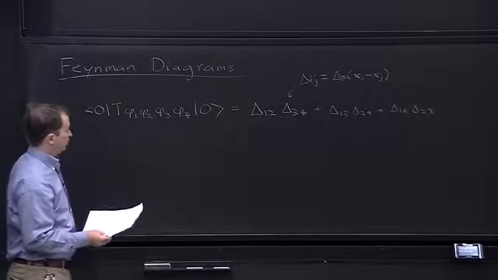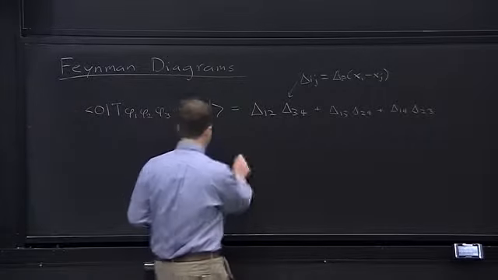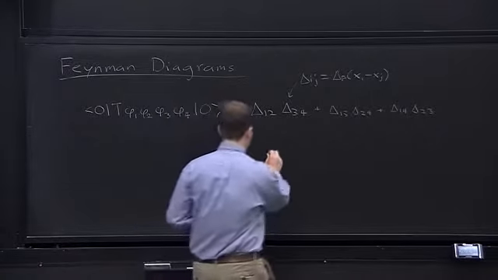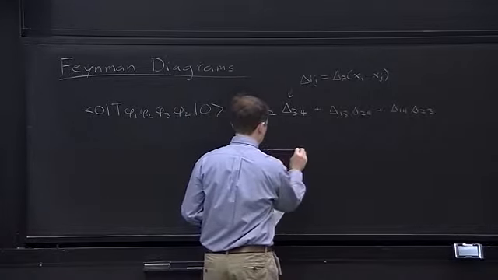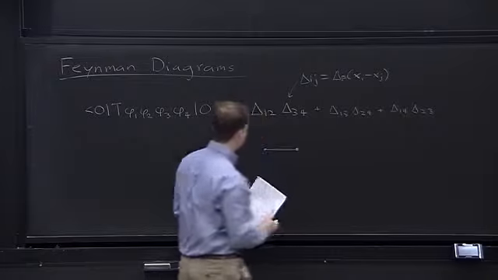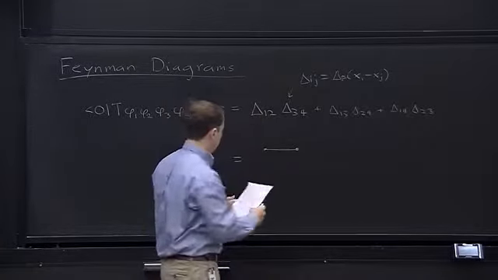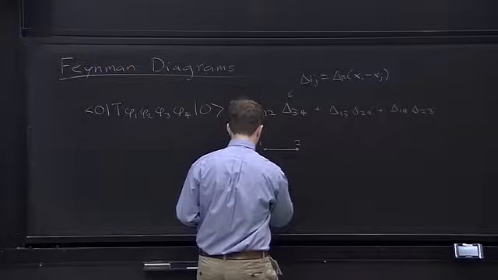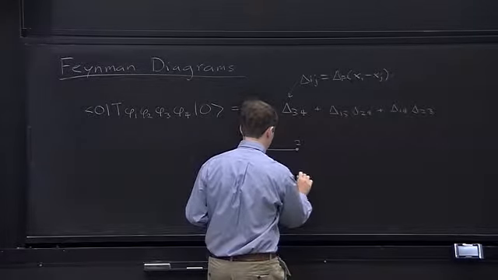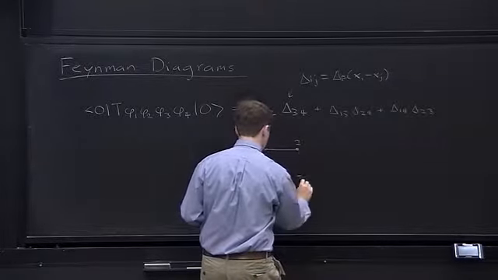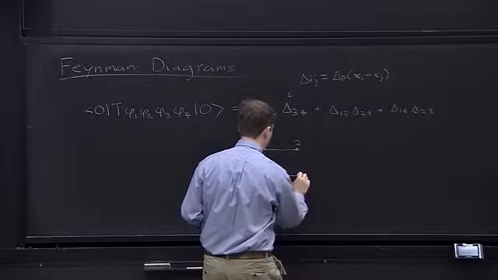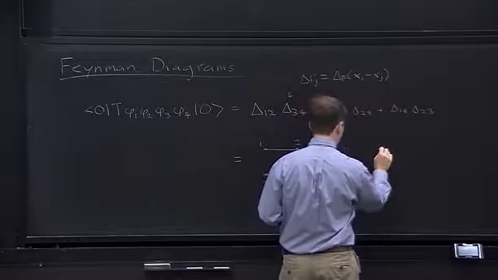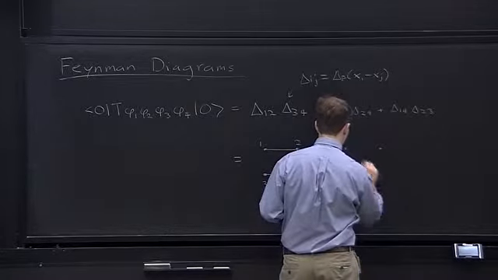Let's represent our result graphically. This will be our first example of a Feynman diagram. We can represent each of the propagators by a line and each of the space-time points by a dot. So we can represent this as just a sum of these three diagrams.